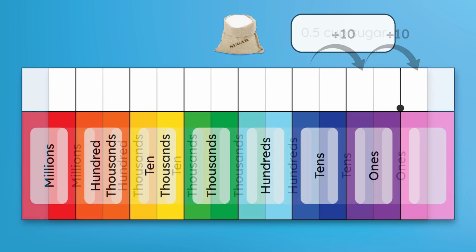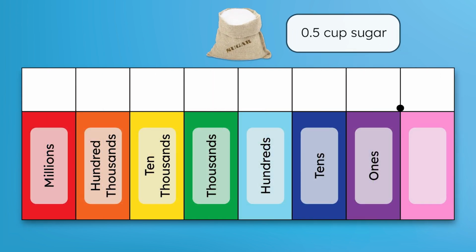If we check the cups of sugar, the ones place has a 0, meaning no whole numbers. The 5 is to the right of the decimal point, so it would go here in this place value. The first place value to the right of the decimal point is called the tenths place. Since we have a 5 in the tenths place, what do you think the value of this 5 is?